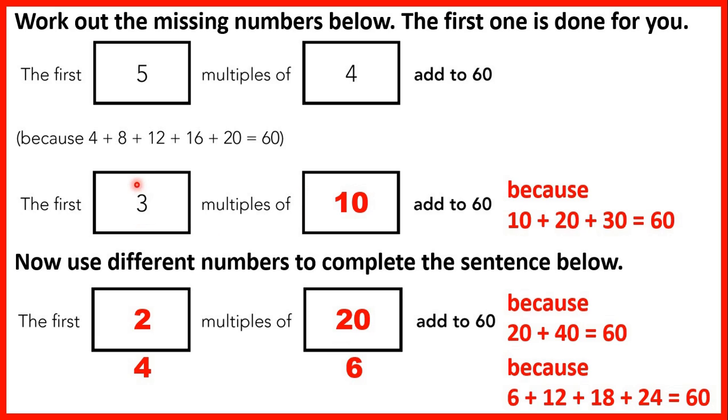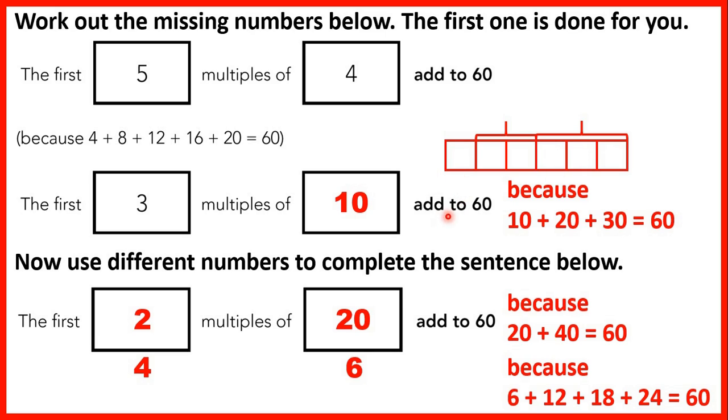We could also, for this first one, use bar models, so that we know that we need to find the first 3 multiples of a number. For the first multiple, we can draw 1 bar. Then we can draw 2 bars for our second multiple, because that shows 2 times the number. And then we can draw 3 bars for our third multiple, because that shows 3 times the number.